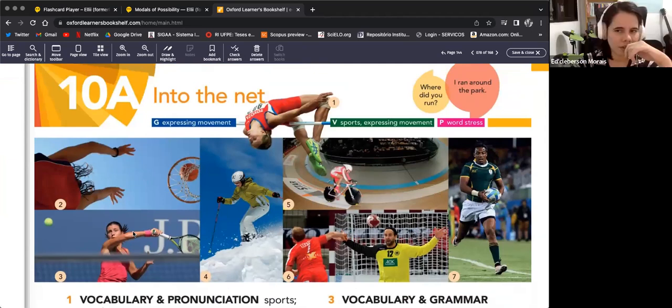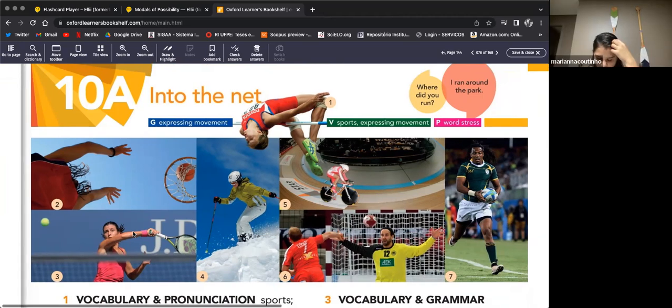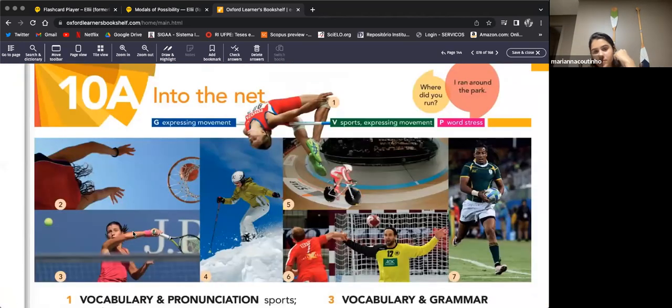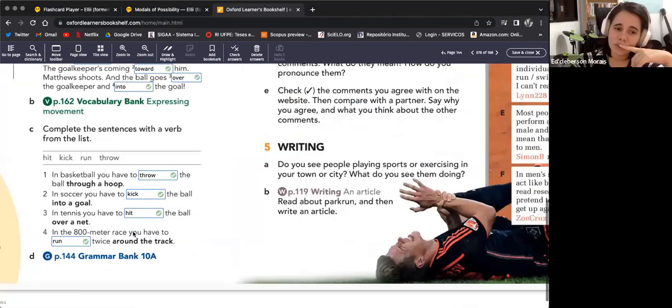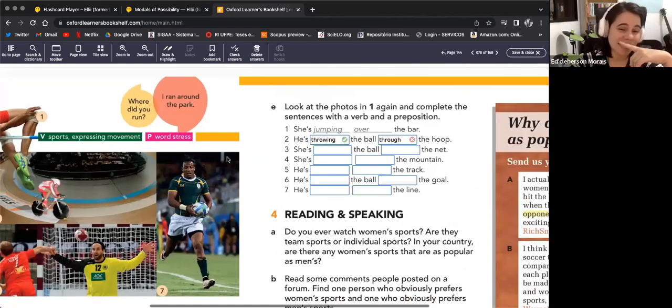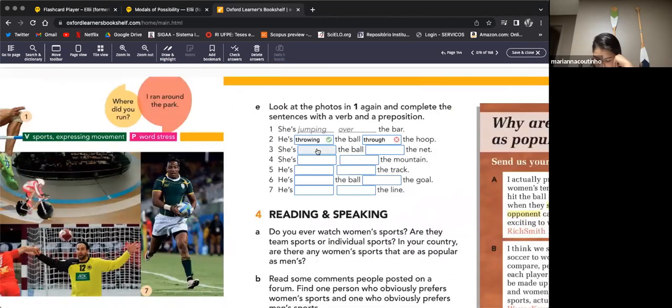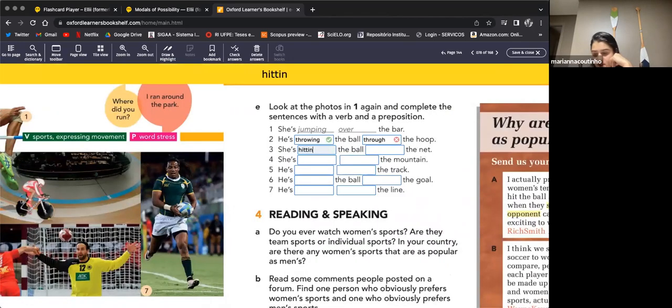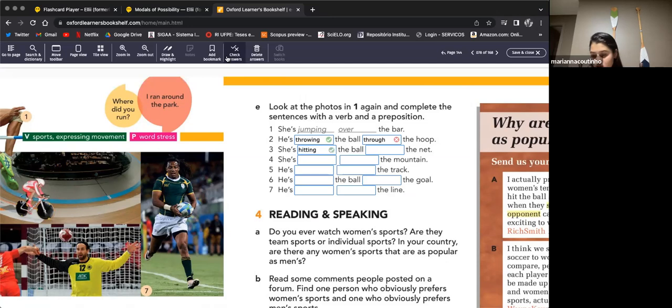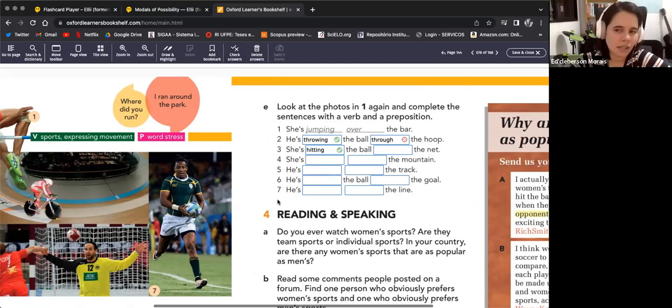Which verb? Kick. I don't know. No. For me, it's hit. Hit, like hitting. She's hitting the ball.